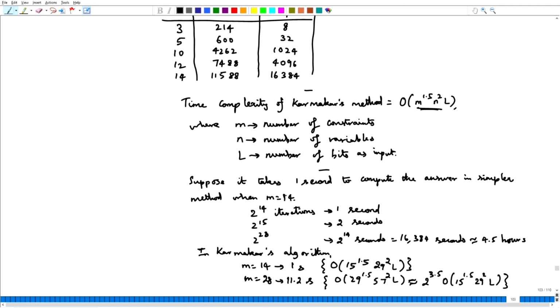That is the reason people use Karmarkar's algorithm at least when the problems are large. Of course, the simplex method is still in use because for small problems we can still find an exact answer.